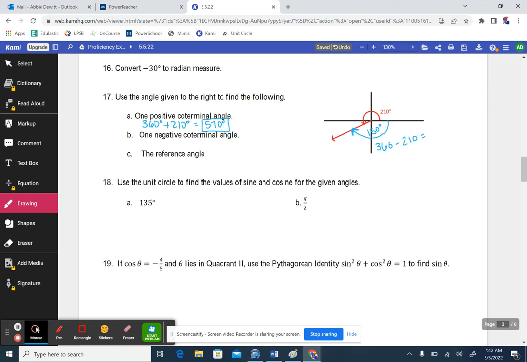But it's also negative 150 because it just so happens to be sitting on the initial position, and if I rotate counterclockwise from that initial position, it rotates the same distance as the 150. So it's negative 150. Just remember that negative angles are measured rotating clockwise from the initial position.